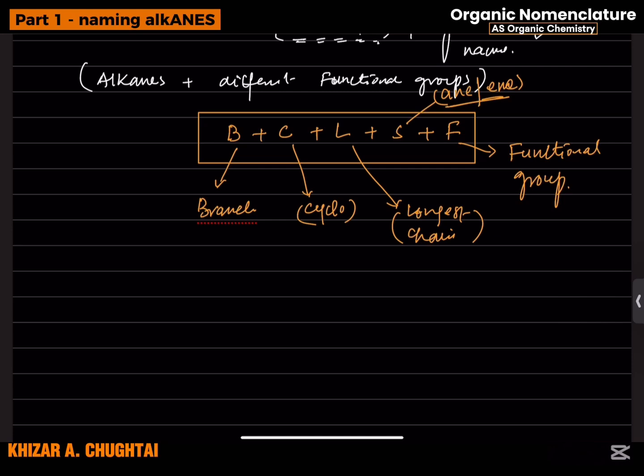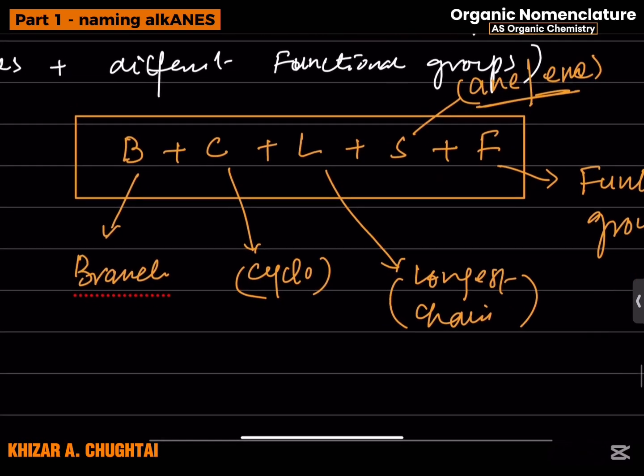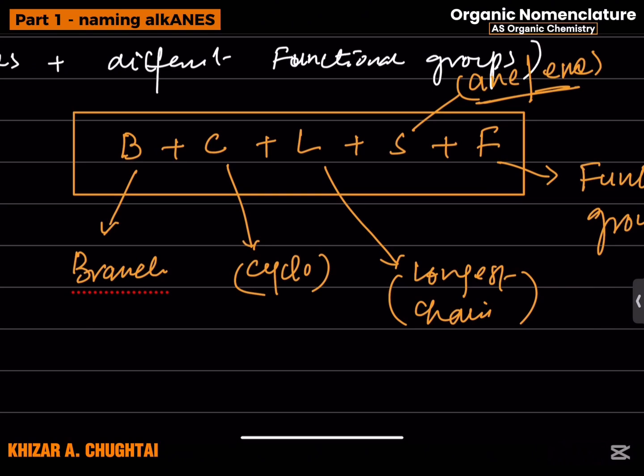So these are 5 major portions to write the name of any organic compound. I am not going to tell you a separate mechanism for each functional group. I am going to give you the overall method to write the name of any compound. Whenever I am supposed to find the longest chain, branch, functional group, I am starting from number 1.